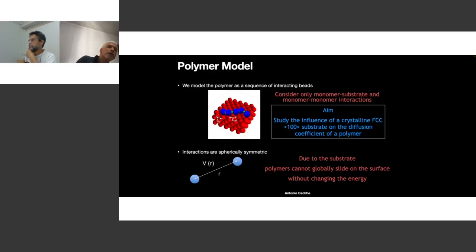But now every monomer, when it moves to a neighboring equilibrium position, has to overcome an energy barrier that is built because the substrate is no longer flat. And so it's no longer a flat energy landscape.